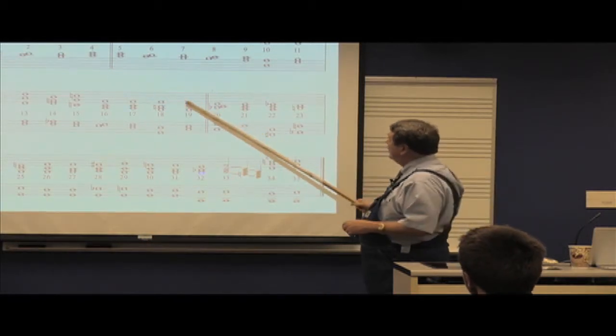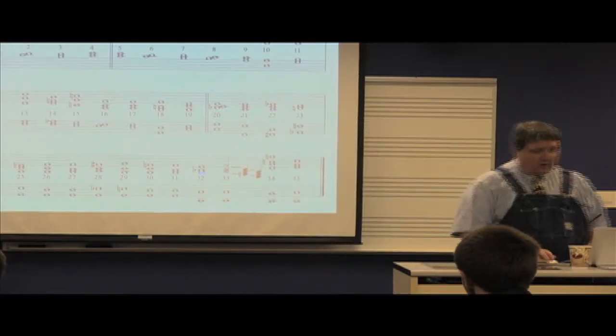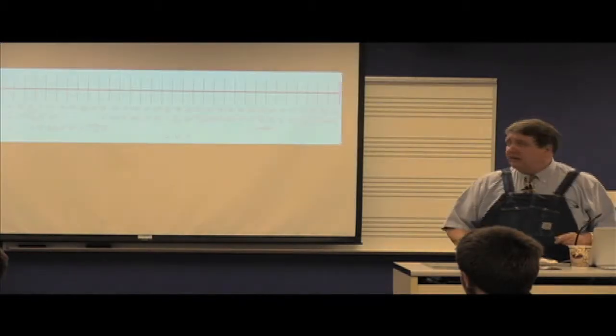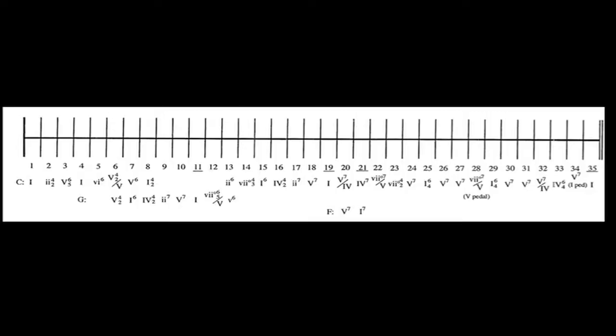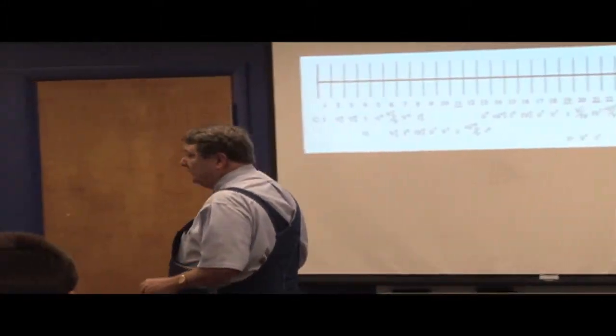The double bars represent important modulations. Now, if we move from there, let me get our next slide. If we move from there over to here, this is where you have the technical jargon. I've got to go through this a little bit because it's going to be important.